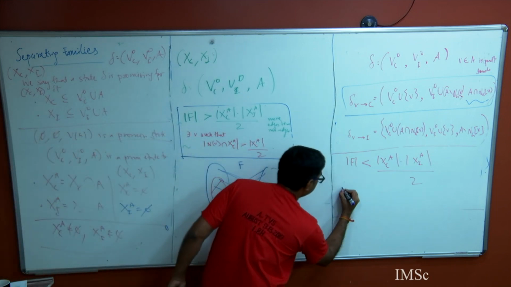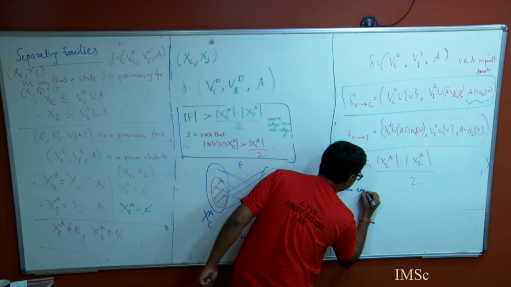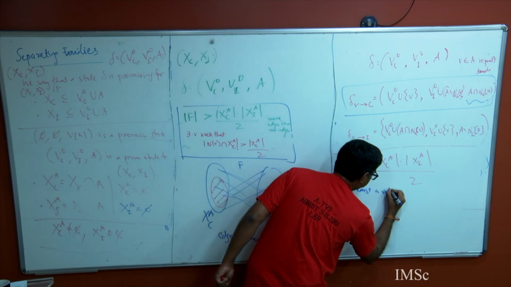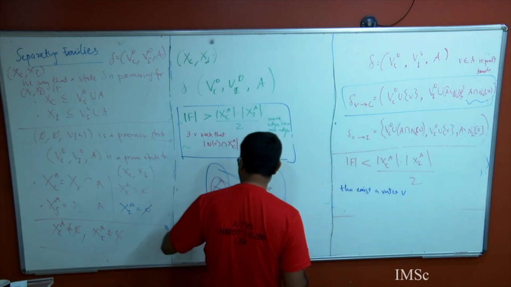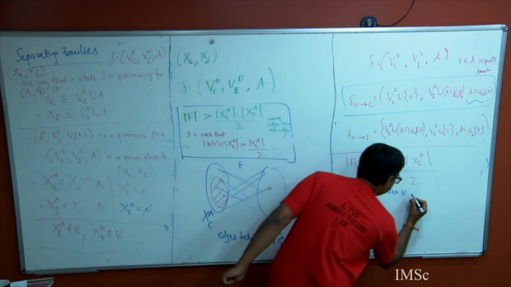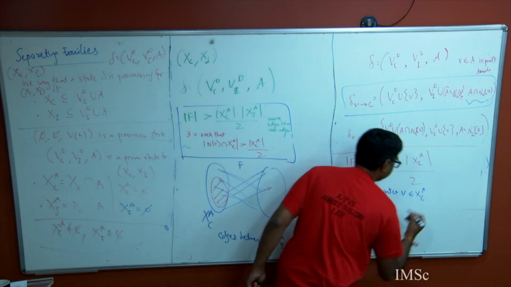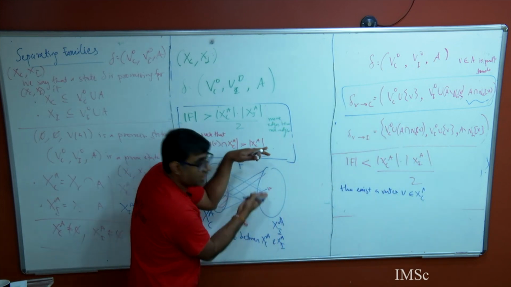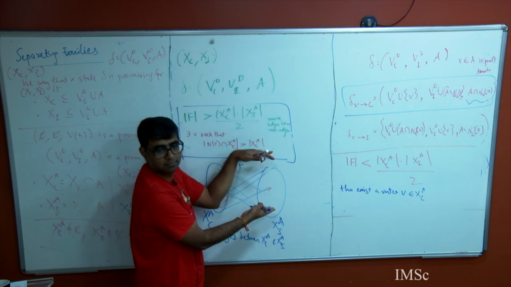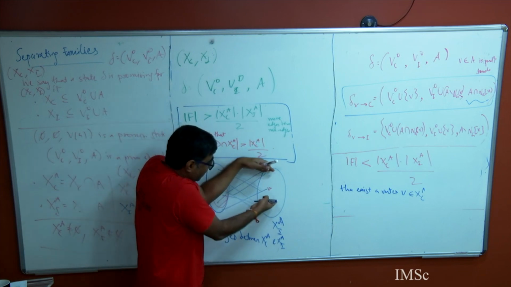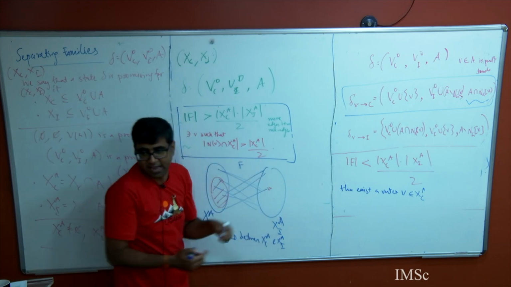Then there exists a vertex V here in XCA which does not see at least half of XIA, right?